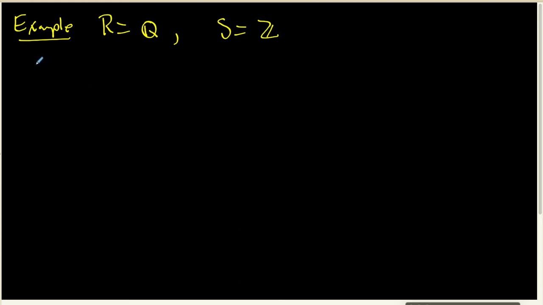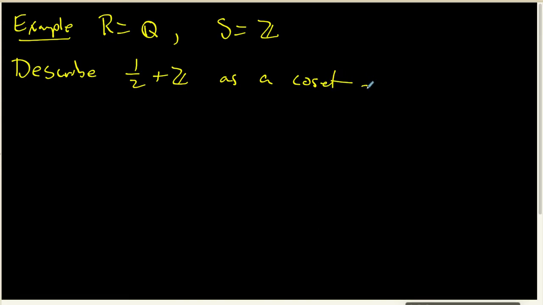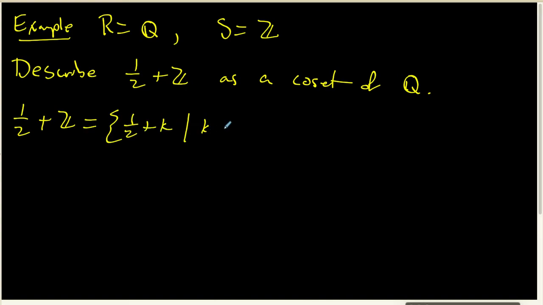And I'm going to want to describe the left coset 1/2 plus Z. So I want to describe that as a coset of the rational numbers. Well, here again, let's just look at what the definition would say. This would say that I want 1/2 plus k, where k happens to be an integer.